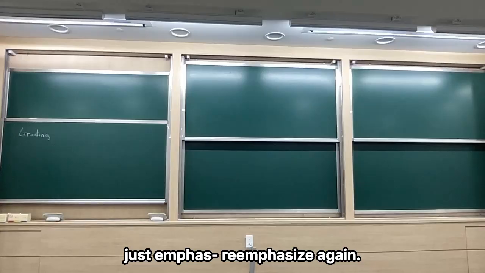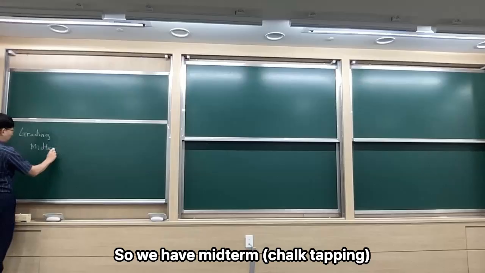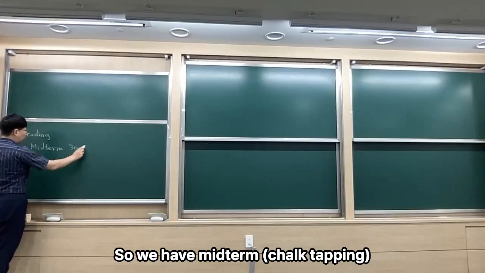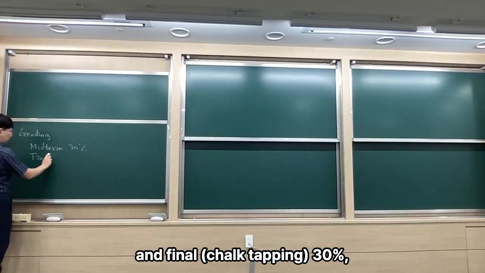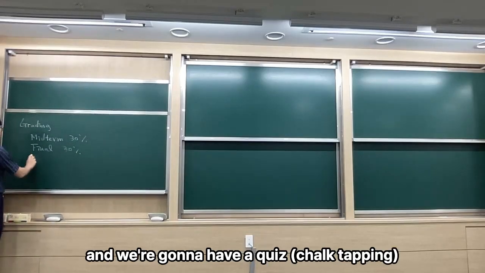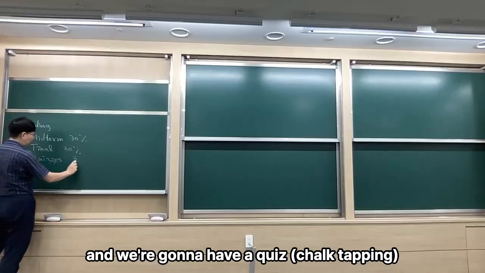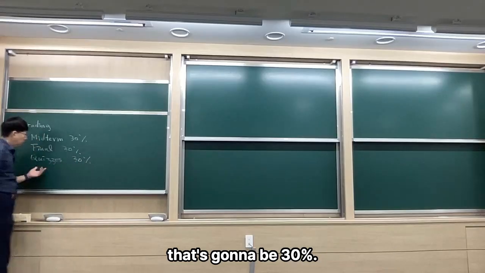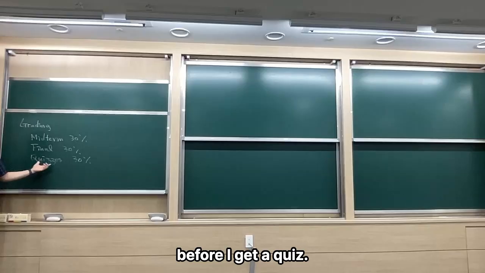Just re-emphasize again. So we have midterm, which counts for 30%, and final 30%, and we're gonna have a quiz. That's gonna be 30%, and I'm not gonna announce before I give a quiz.